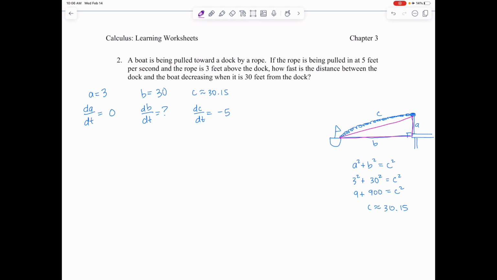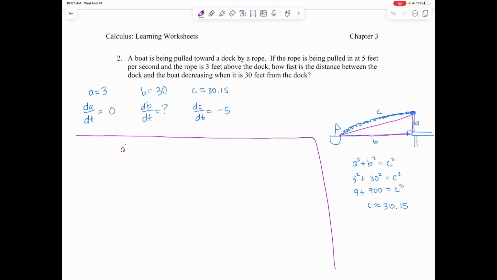So I'm going to continue to use the Pythagorean theorem, because look at it, we have A, B, and C, and if we implicitly differentiate, we will also have dA/dt, dB/dt, and dC/dt. So it will give us all the variables that we need and hopefully make it nice to solve.